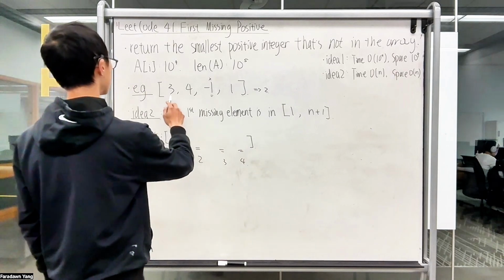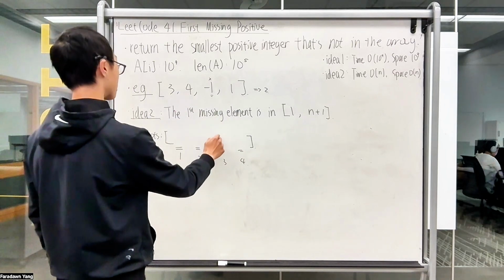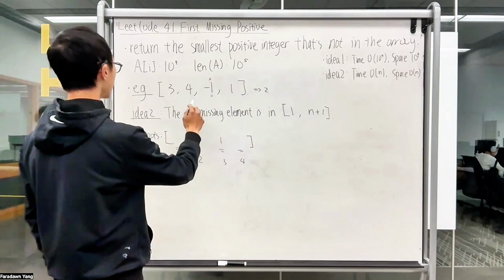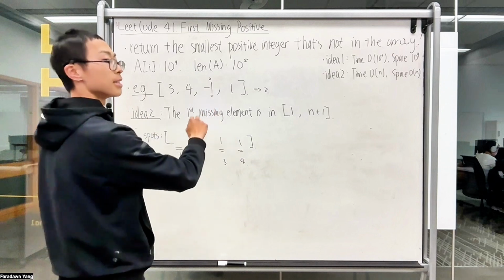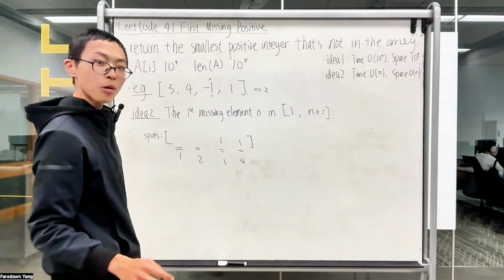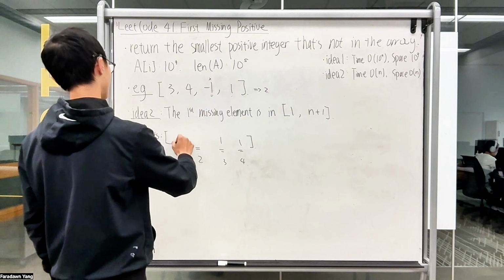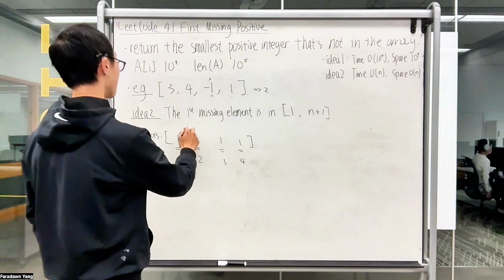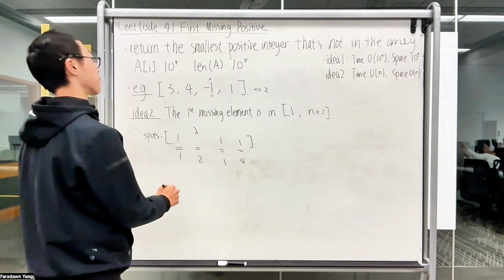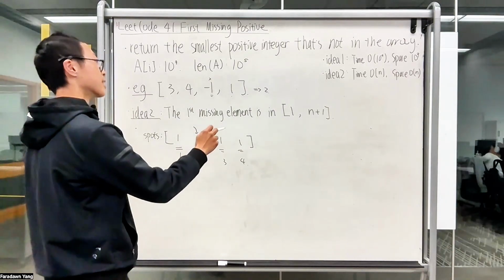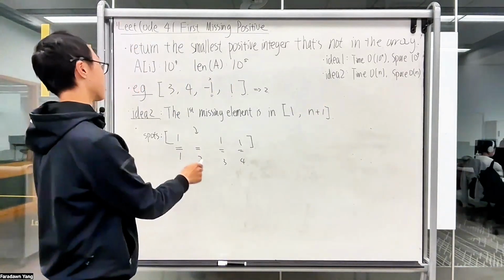First, we loop through all the elements in the array and mark the spots. 3, we mark 3 as true. 4, we mark 4 as true. -1 is outside the 1 to n plus 1 range, so we don't regard it. For 1, we mark spot 1 as true. In the second pass, we will correctly identify the spot of 2. What's the time complexity? O(n). And what's the space complexity? It's O(n) as well, because of this auxiliary array.